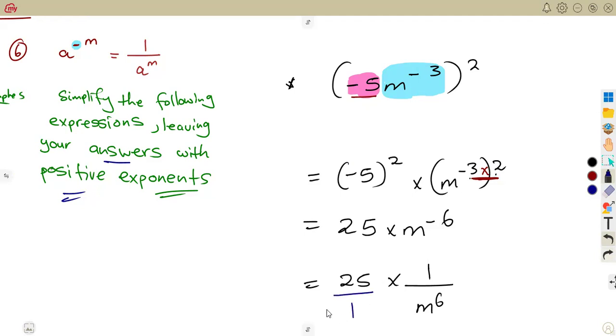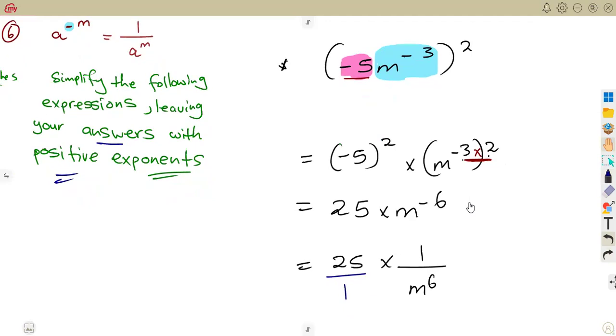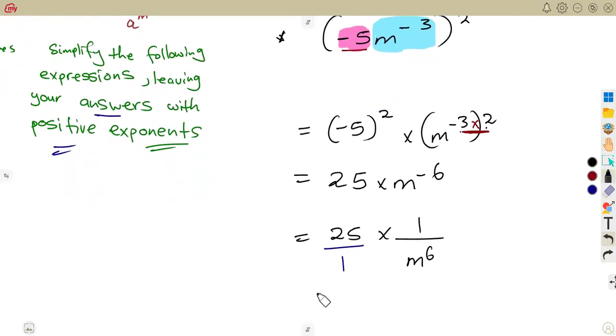I explained this part, so that we can multiply the numerators together, the denominators together. So it's 25 times 1, which is 25 over 1 times m to the exponent of 6. That's m to the exponent of 6, like that. Can we simplify from there? No. Everything is having what? Positive exponents. So guys, we can just leave it like that.